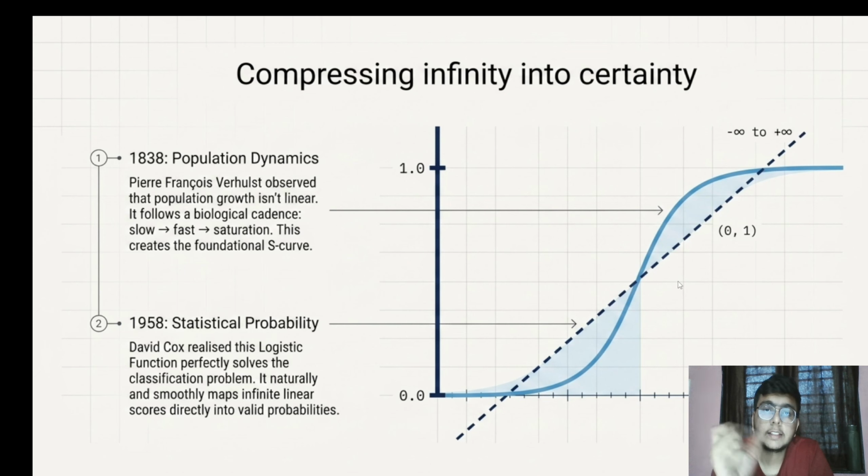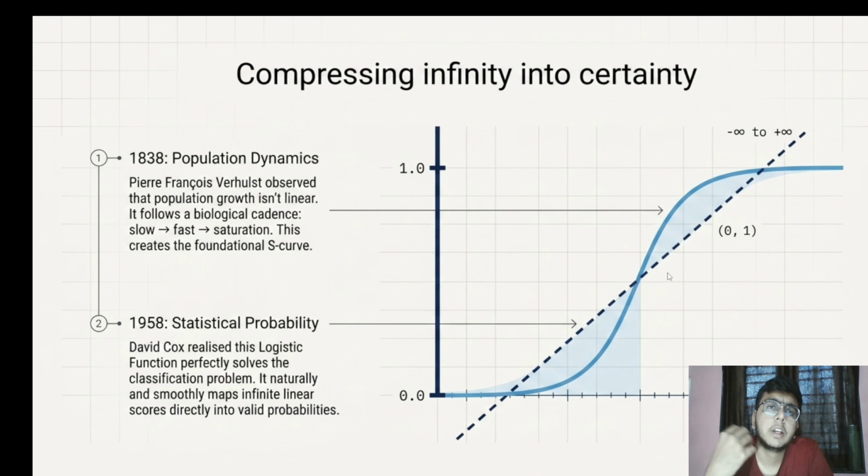Here is the journey of the invention of logistic regression. In 1838, in population dynamics, some scientists observed that population growth is not linear. It follows a biological cadence: slow, fast, then saturate, and many times it stays saturated, then again increases slowly, then fast, then saturates. This created the foundational S curve.